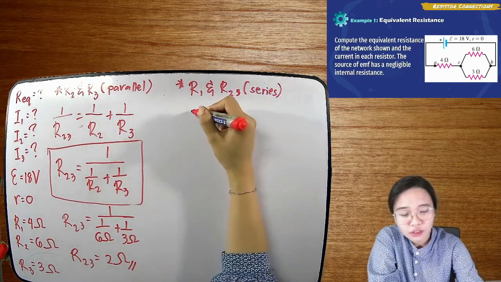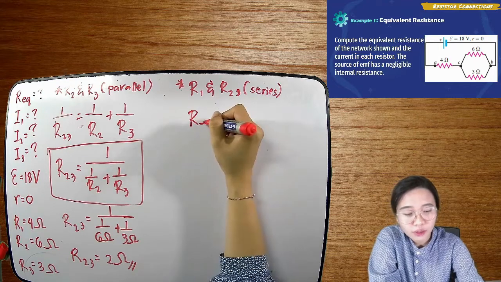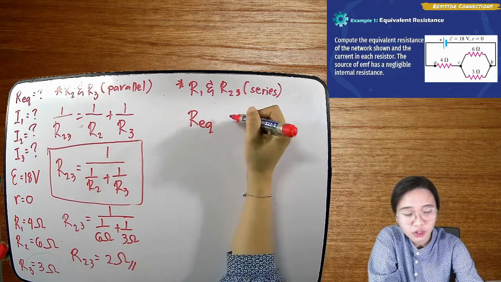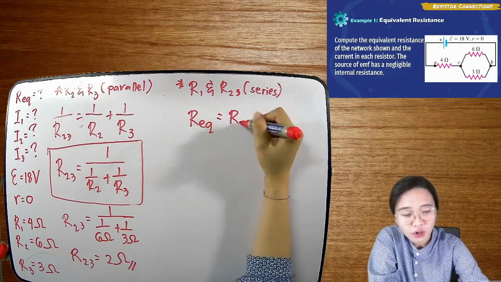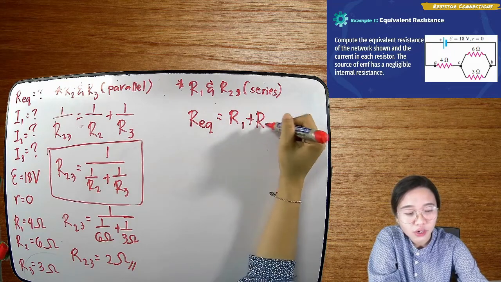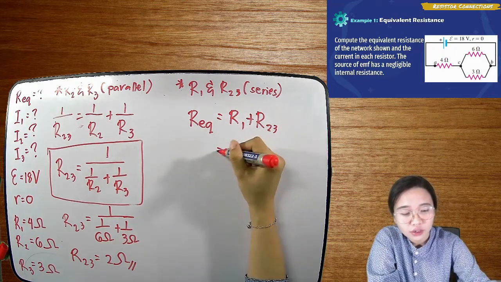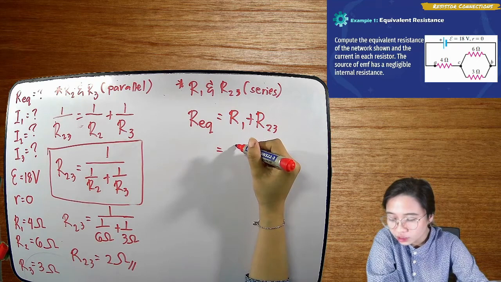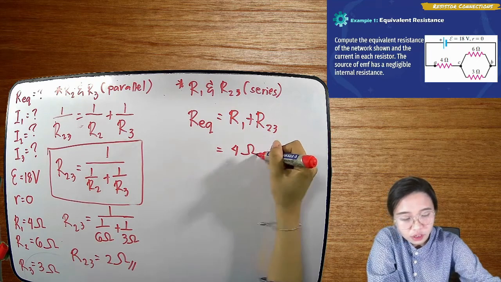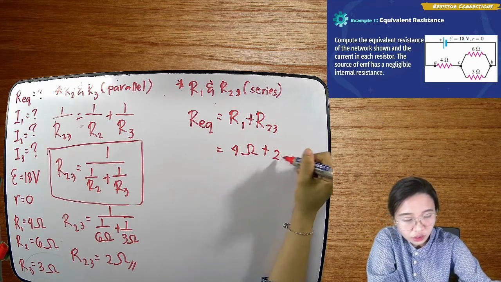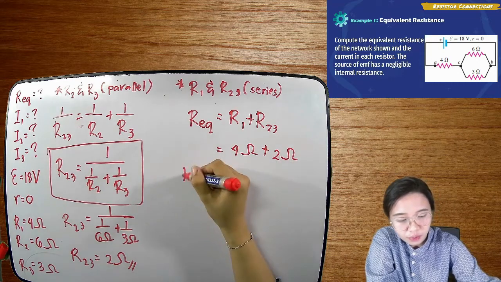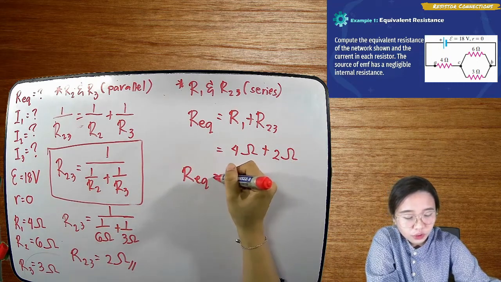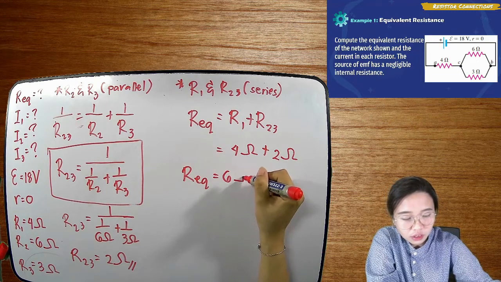For series, since this is now the final answer, I will name it REQ. We have just R1 plus R23. Your R1 is 4 ohms, then R23 is 2 ohms, so our REQ will be equal to 6.